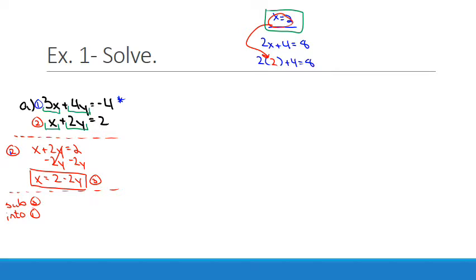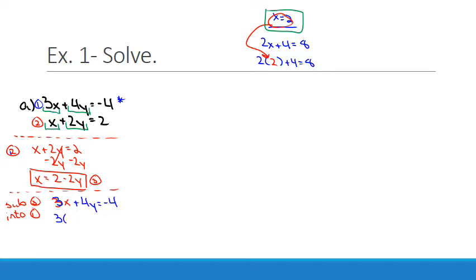Okay, so I will write down my equation again. So equation 1, it's going to be 3, maybe I'll write it in blue actually, 3, and I'll highlight my x in red, however, plus 4y equals negative 4. So where that x is, it's going to be replaced with the 2 minus 2y.